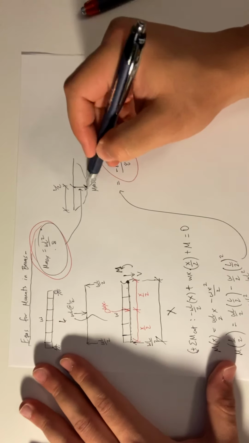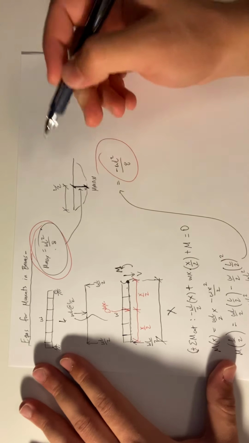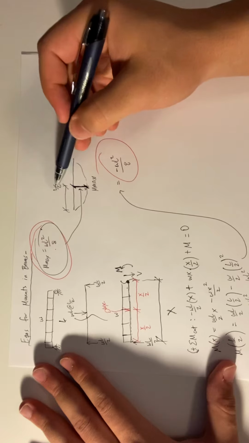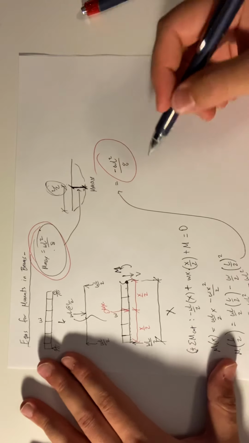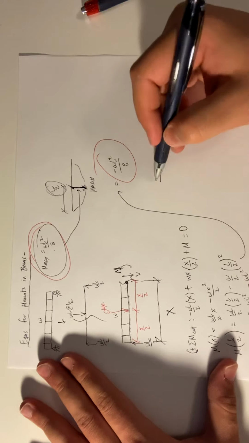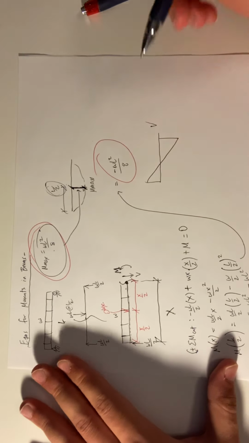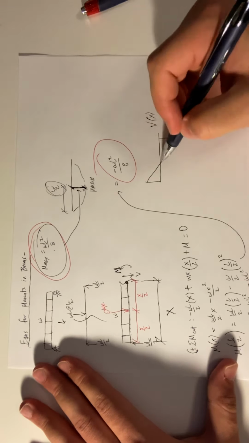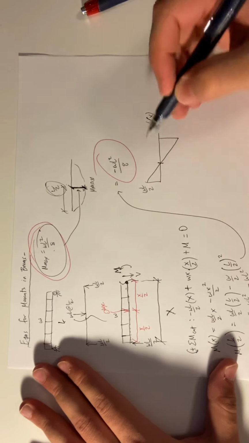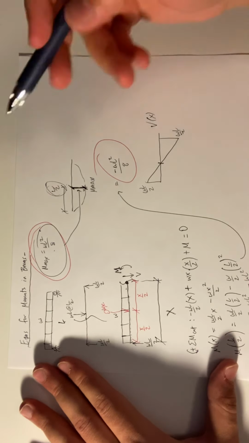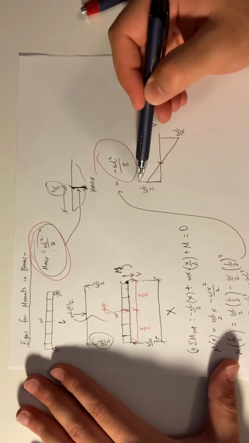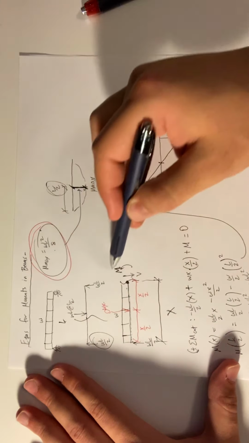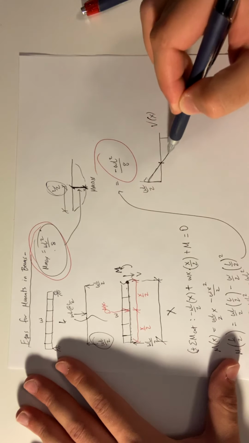Now, moving on to the question of why or how do we know the max is at L over 2? Well, we know this being the shear diagram, right? It starts at WL over 2, then kind of linearly goes down, down, down.